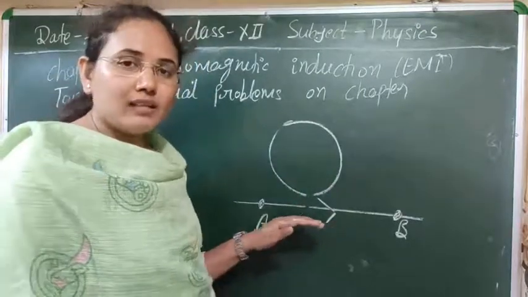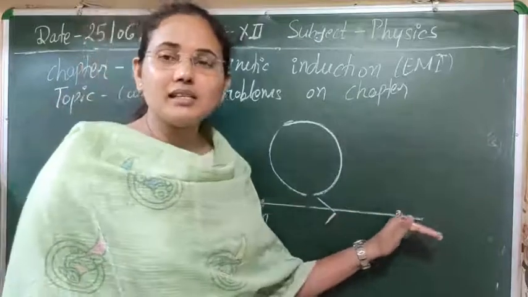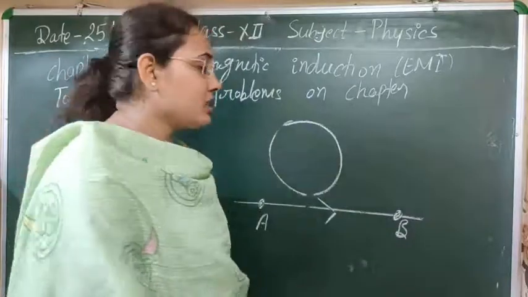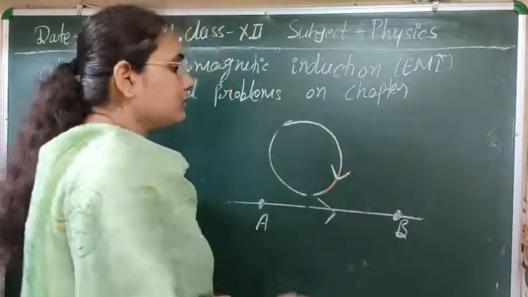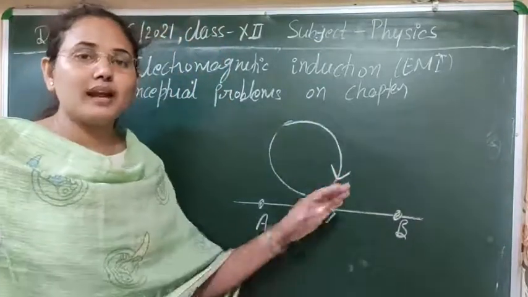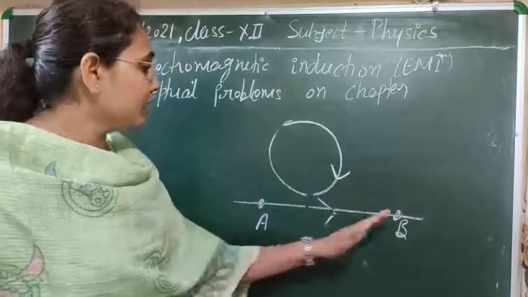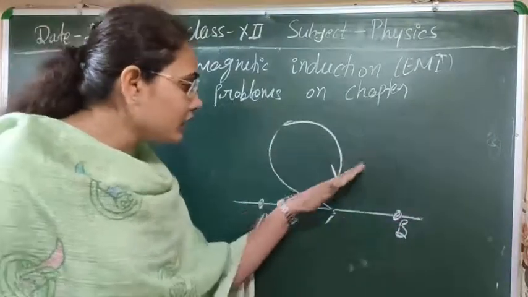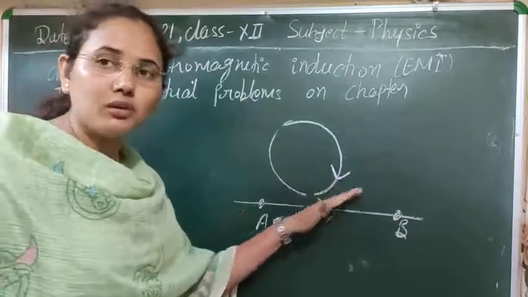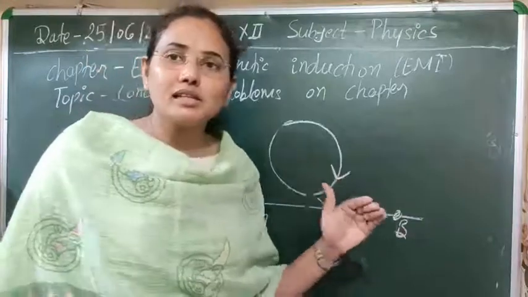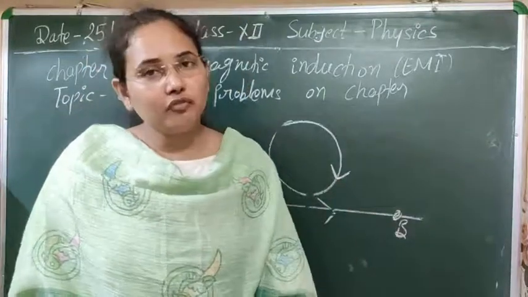As the flux is decreasing in this direction, the induced EMF will be generated along this clockwise direction, so that it can oppose the decrease in the flux. In this direction the flux will increase its value, so that it reduces the change of the flux here.